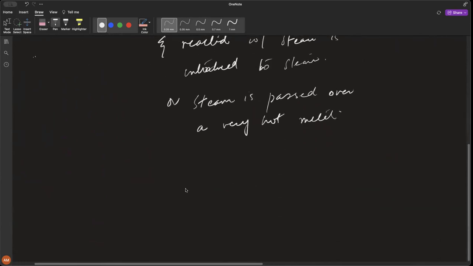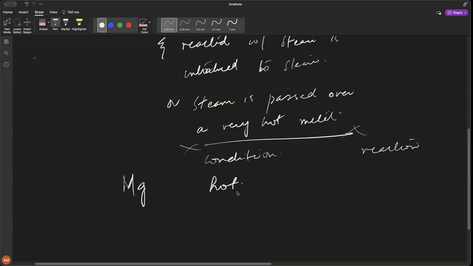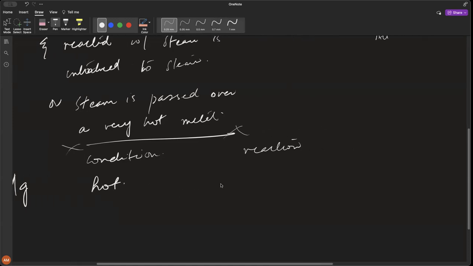So what takes place now if you react magnesium? Magnesium needs to be hot. And what is the reaction?